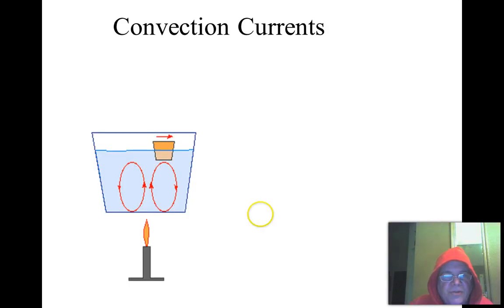And this is what a convection current would look like if you had a piece of cork in there. It heats up, the water does, cools as it gets to the top, becomes more dense, goes to the bottom, heats up, and as it does that, it moves the water in a circle. And we'll do a lab on this, showing you how rice would move.